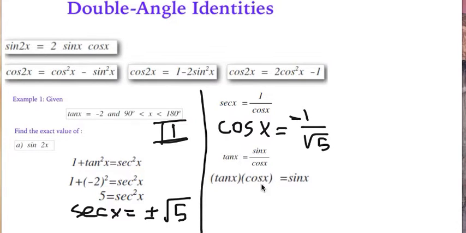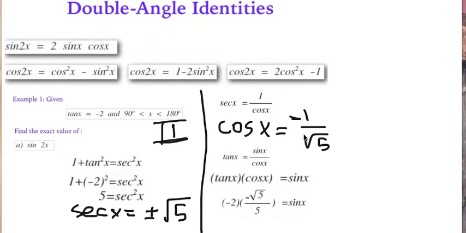Okay. Now substitute tangent with the value -2, as tangent x equals -2, and cosine with the value found here, -1 over square root of 5, to get the value of sine x. So we get -2 for tangent and minus square root of 5 over 5 for cosine.